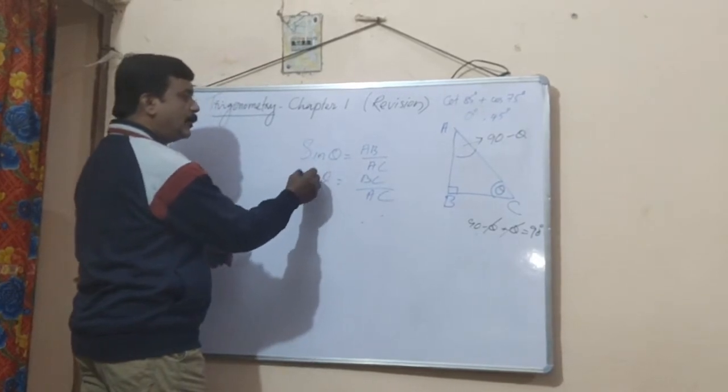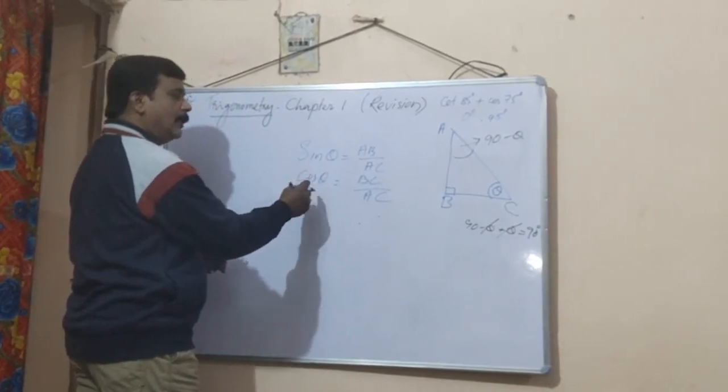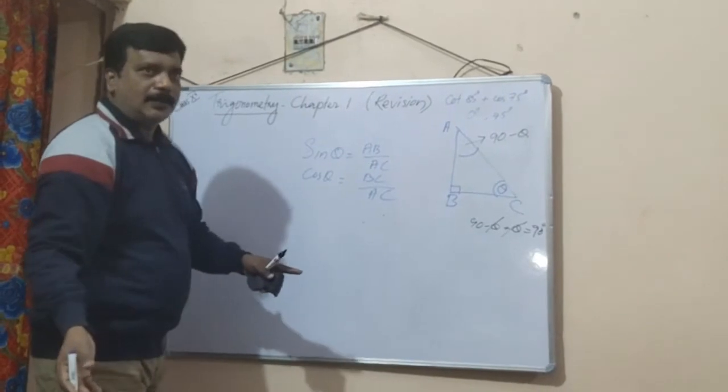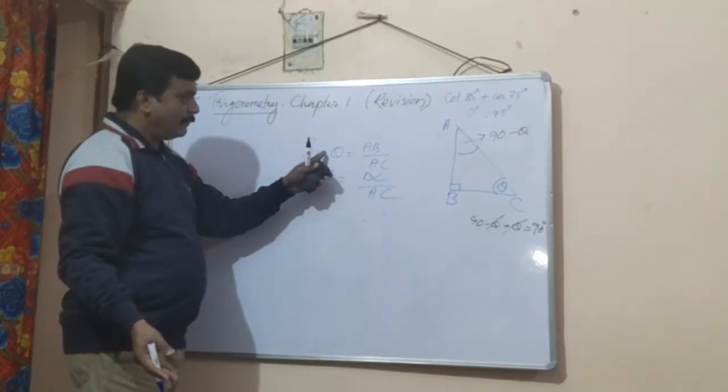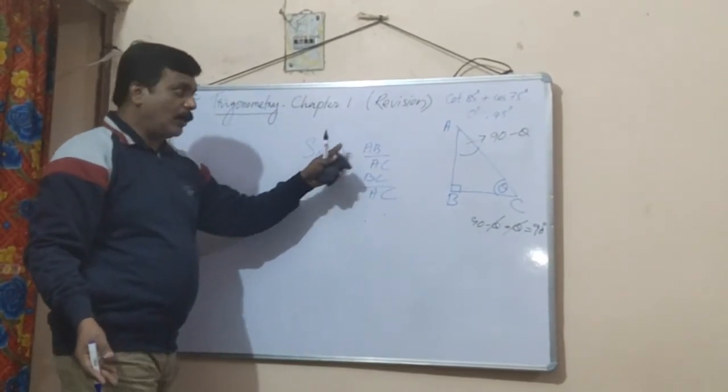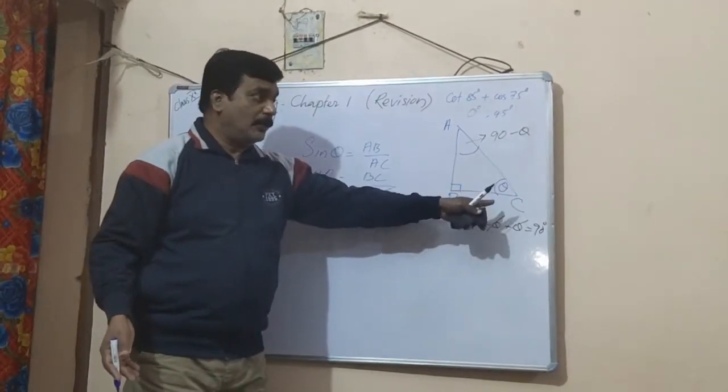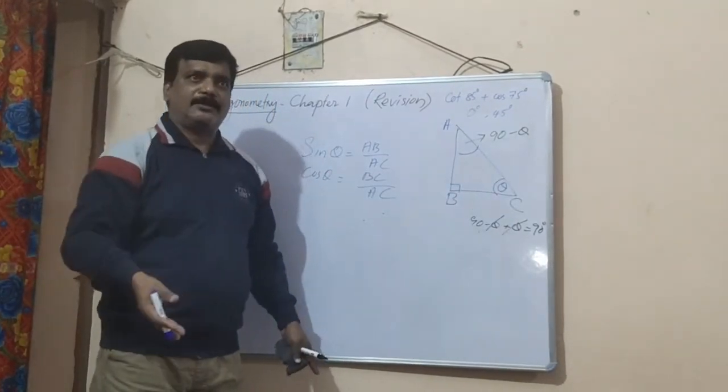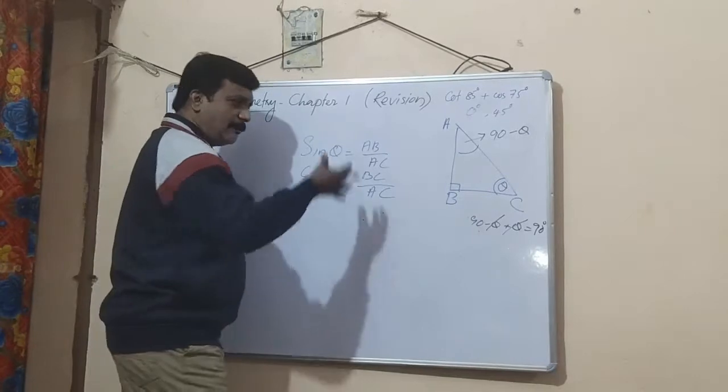Then if you know these two, you can make the rest of the 4 ratios. In fact, if you know only one ratio, one of the acute ratio, you can make the other 5 ratios. There are formulas for that.